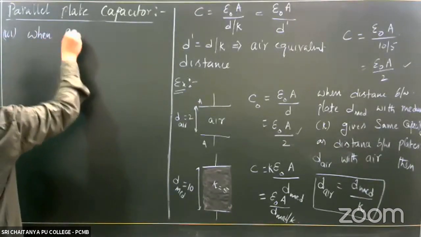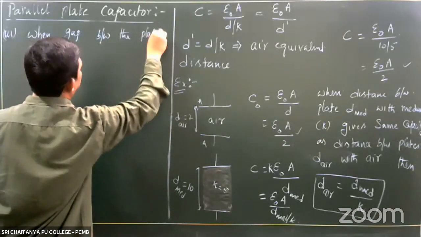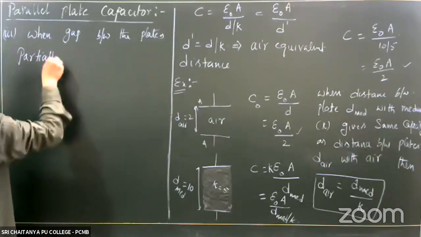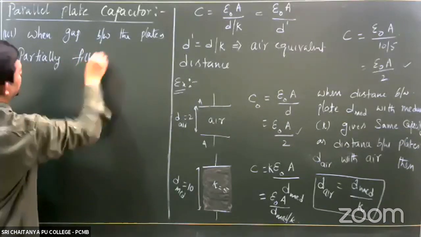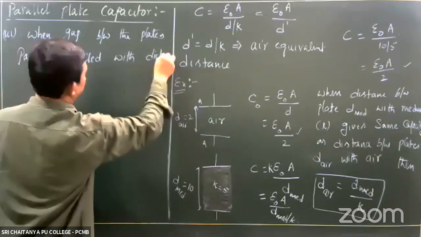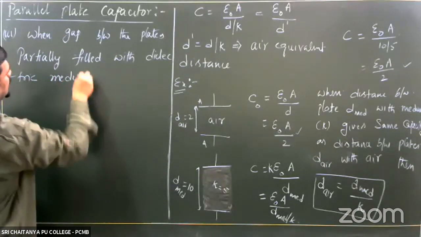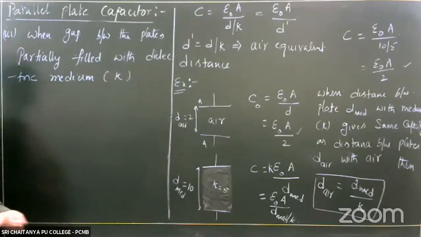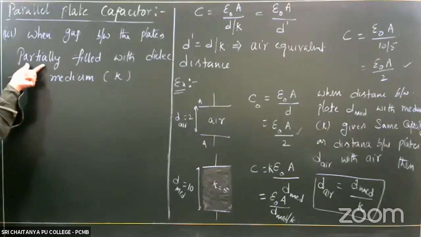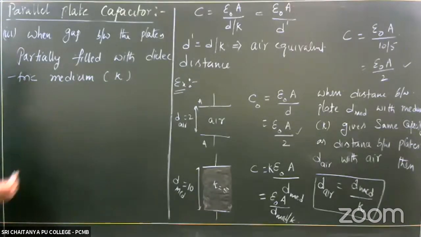When the gap between the plates is partially filled with a dielectric medium of constant K. What does it mean?